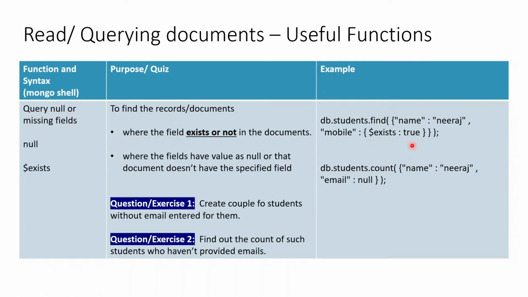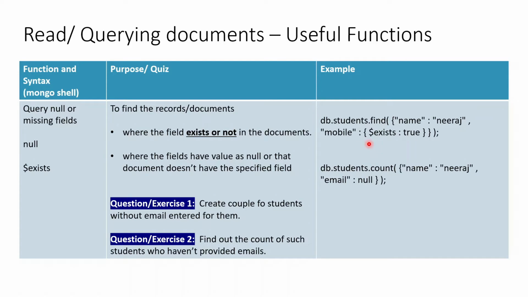So this can be combined with logical operators as well. We can check the existence of 2 fields using $and operator. So I will show you demo in a while. So basically if you look at exists, this is to check a field is present in a specific row or not. So again, students is a collection, name Neeraj and mobile exists or not.